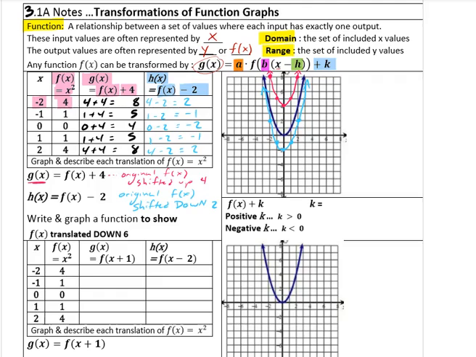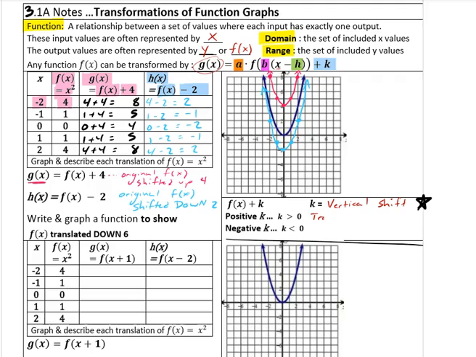So in summary for this, I'm going to fill out this section over here on the right. Let's look over here. f of x plus k. k is a vertical shift. When k is positive, which means k is greater than 0, it's going to translate each point up.